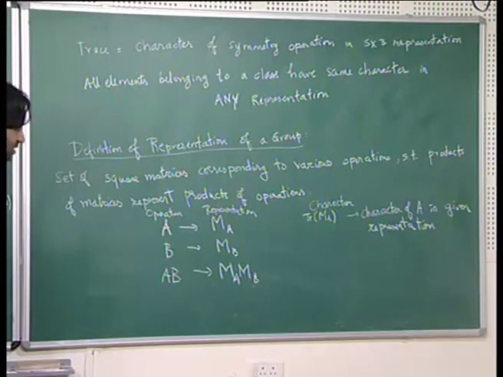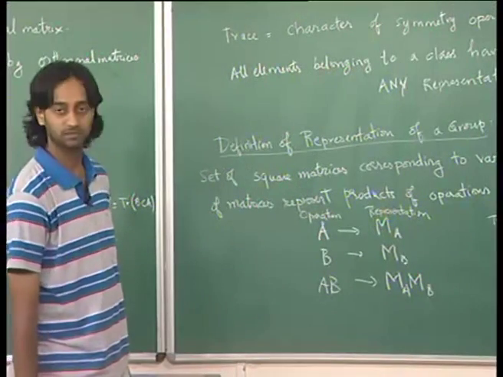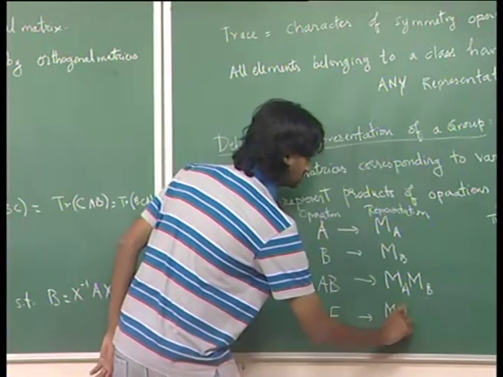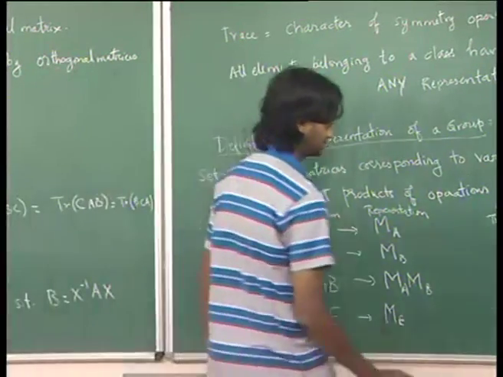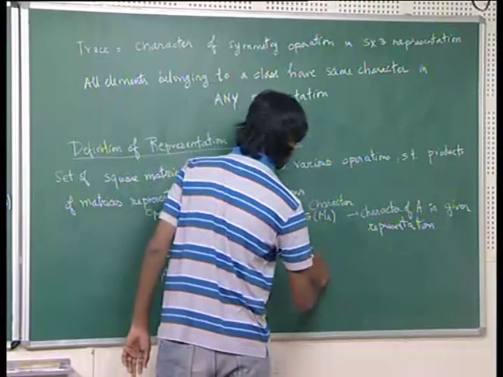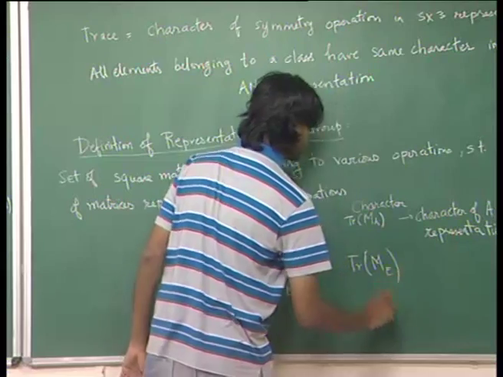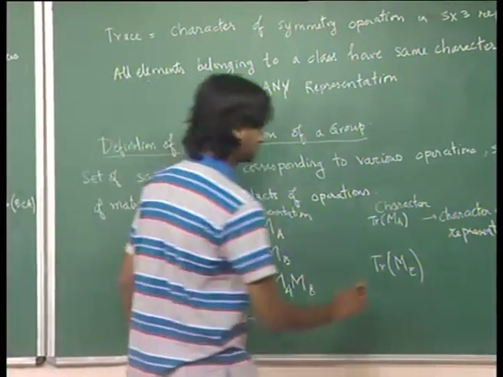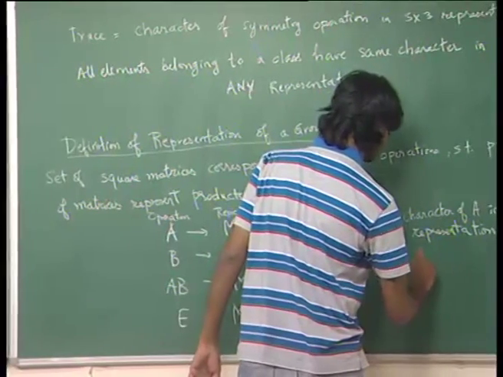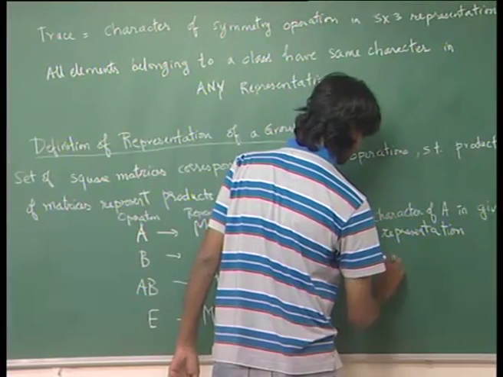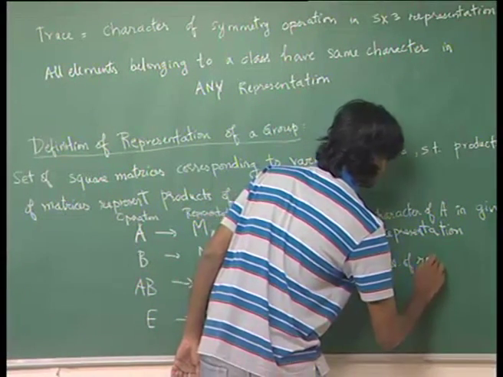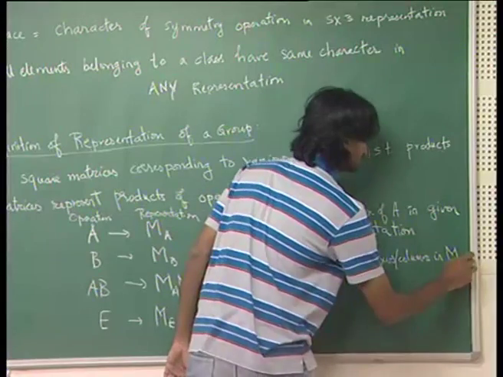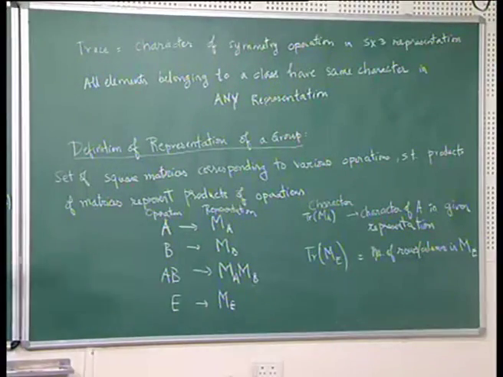Okay. Now, suppose I take the identity, and this is represented by a matrix M E. Okay, so the trace of this matrix is just going to be the number of rows or columns in M E. So, the trace of identity is just the size of the matrix.